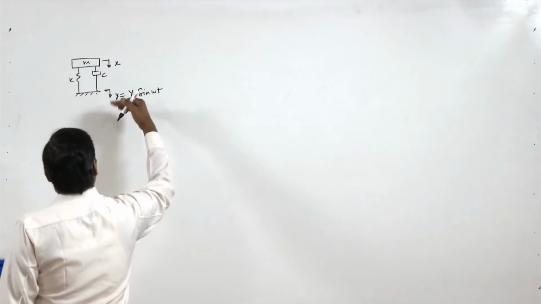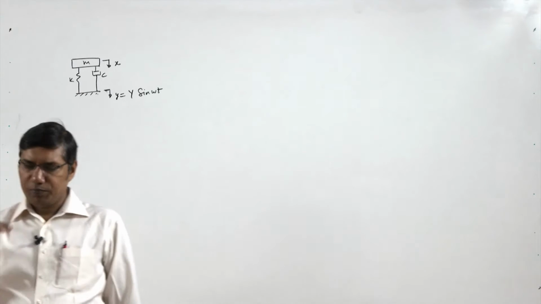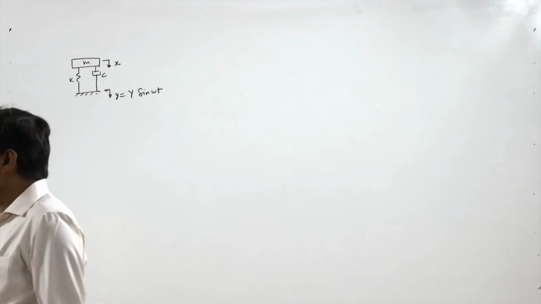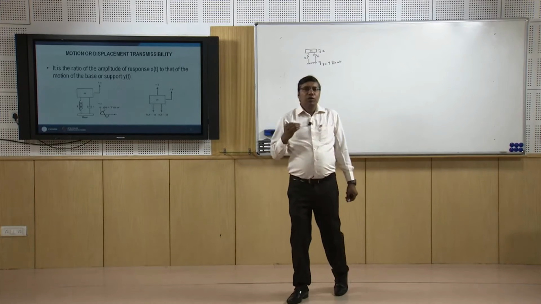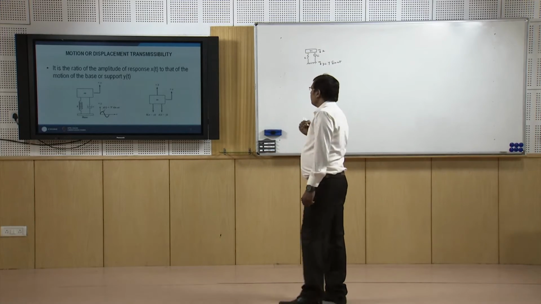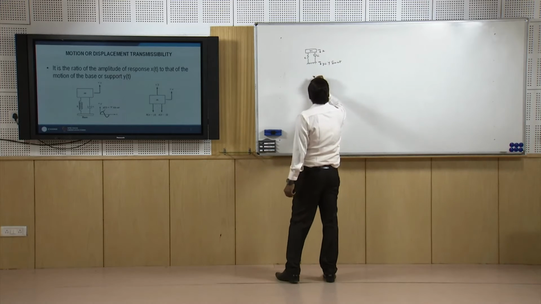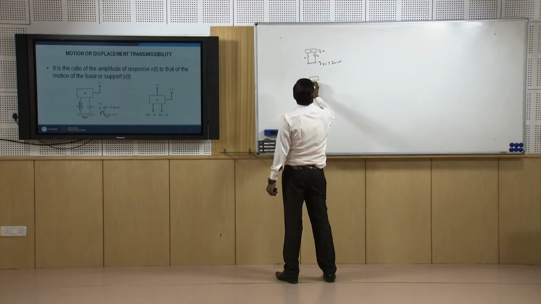So this support is moving, it is vibrating. This is a case of support vibration, and we can do the analysis by making the free body diagram of this mass.